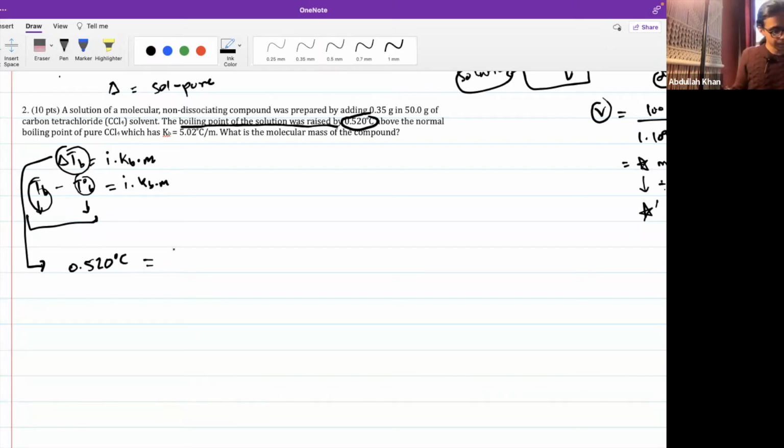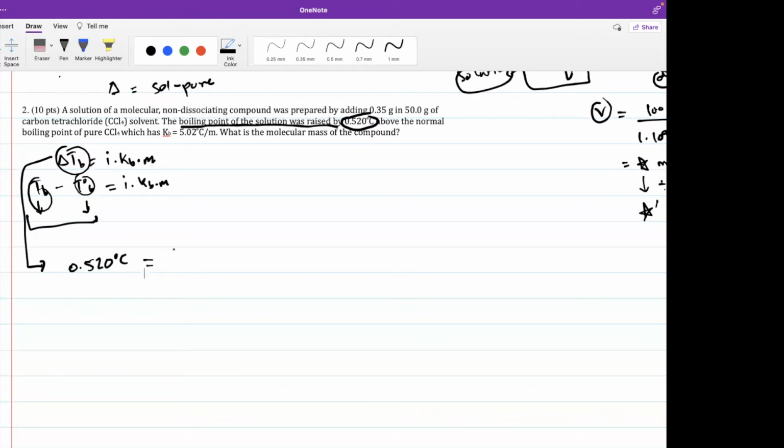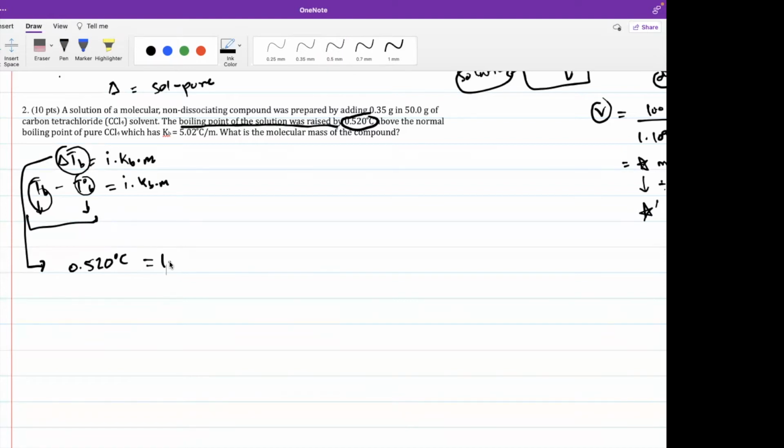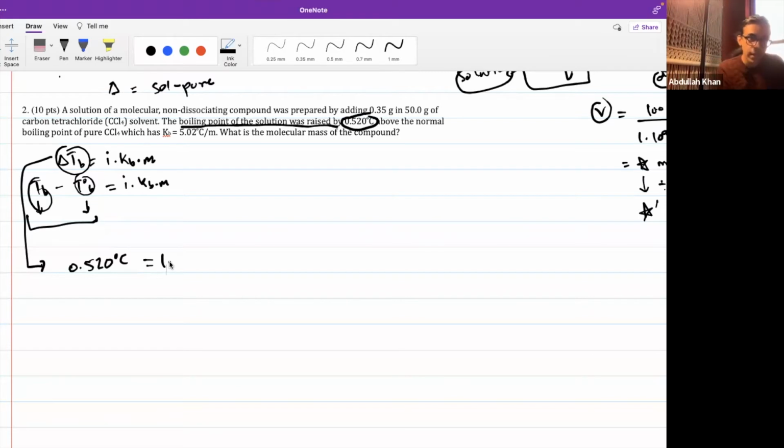What's I here? 1. Good. And the reason? It's molecular. They have really gone out of their way to tell you that I is 1. It's molecular and non-dissociating. Okay, KB is given directly. That's 5.02 degrees Celsius per molal, times molality. Do we have molality given to us explicitly? Nope.